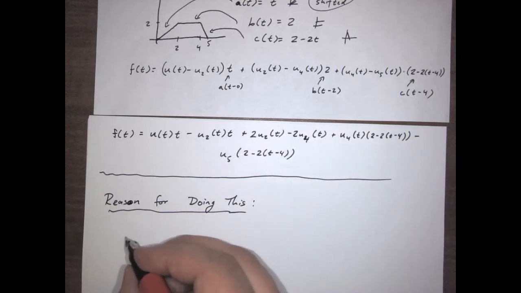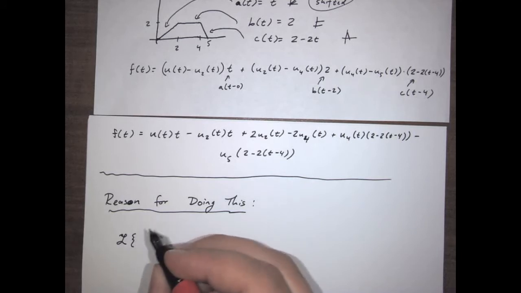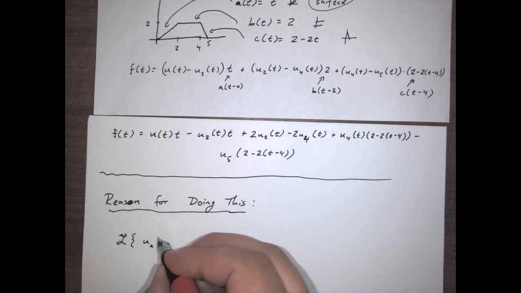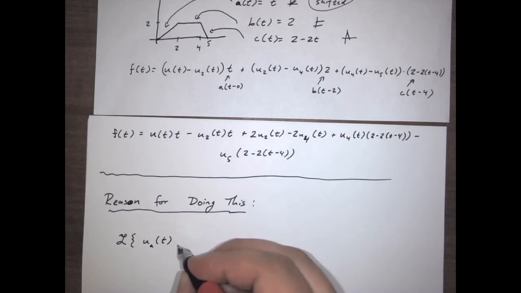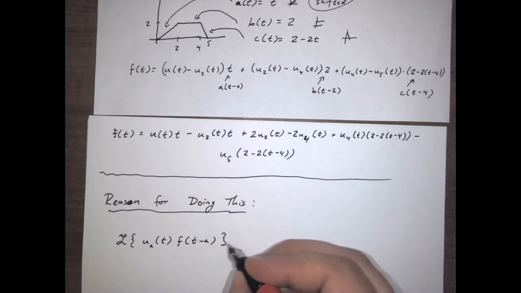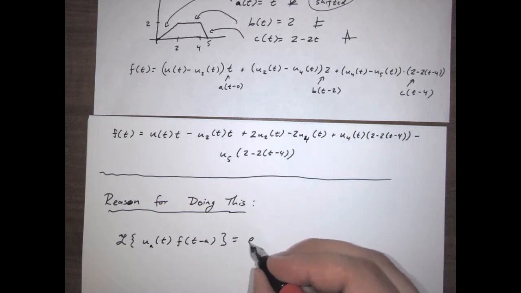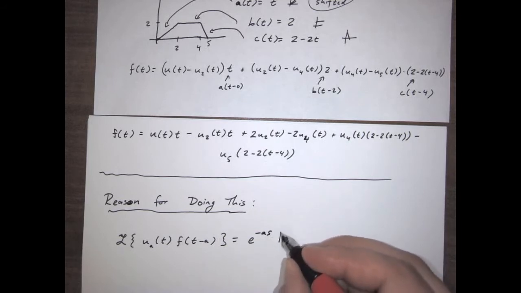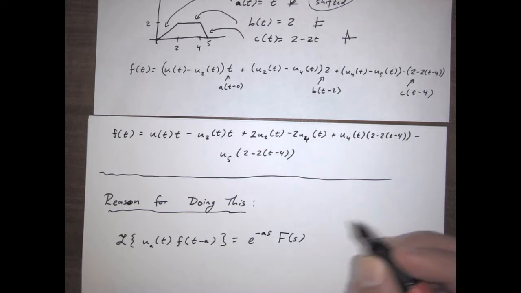And in particular, the Laplace transform of ua of t times f of t minus a is actually just equal to e to the minus as times F of s.